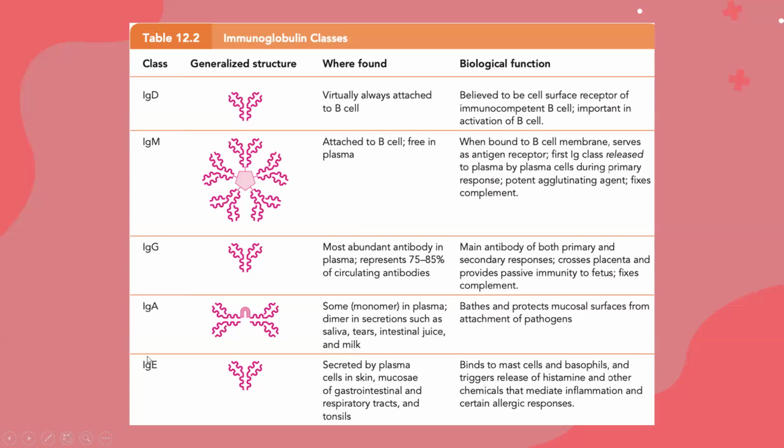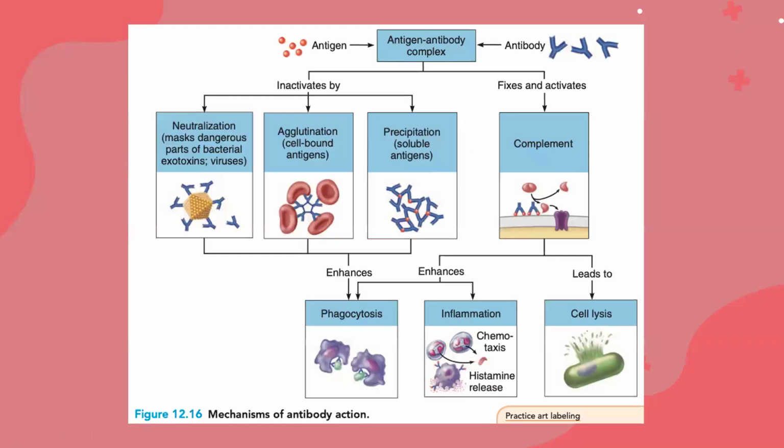And IgE is an important player in the allergic response mechanism. We see here that the different types of IgEs, our immune system, have different functions. Okay. So these antibodies can be inactivated.